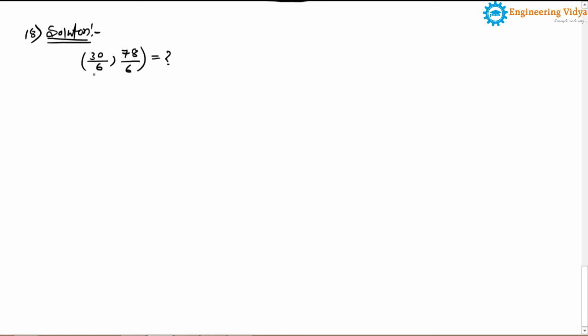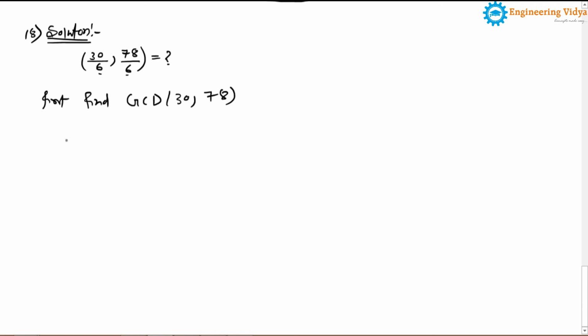Here we have to find the GCD of 30 by 6 comma 78 by 6. To solve this, first we'll find the GCD of 30 and 78, and then we'll see what we can do after that. Here we are ignoring the 6 first, right?